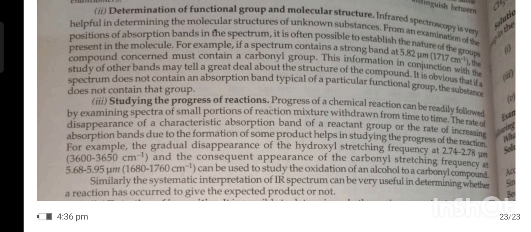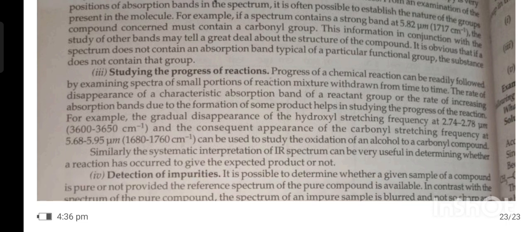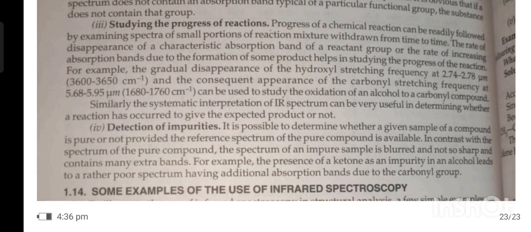For example, the gradual disappearance of the hydroxyl stretching frequency at 2.74 to 2.78 micrometer, and the consequent appearance of the carbonyl stretching frequency at 5.68 to 5.95 micrometer, can be used to study the oxidation of an alcohol to a carboxylic acid. Similarly, systematic interpretation of IR spectra can be very useful in determining whether a reaction has occurred to give the expected product or not.